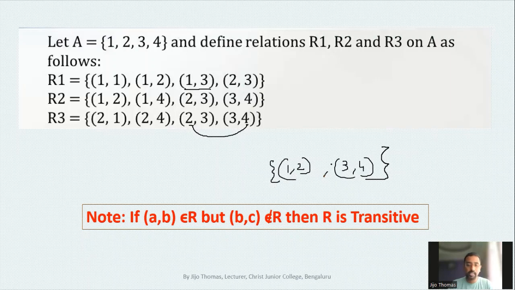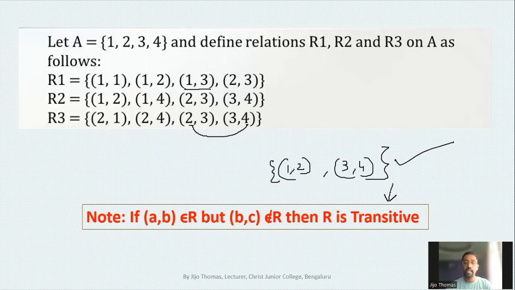Next one, 3,4: nothing starting with 4. So this is transitive by this particular condition. Trivially transitive, we don't have to show or prove anything. Only if AB and BC are there and AC is missing do we say it is not transitive. Otherwise, in all other cases, it is transitive.